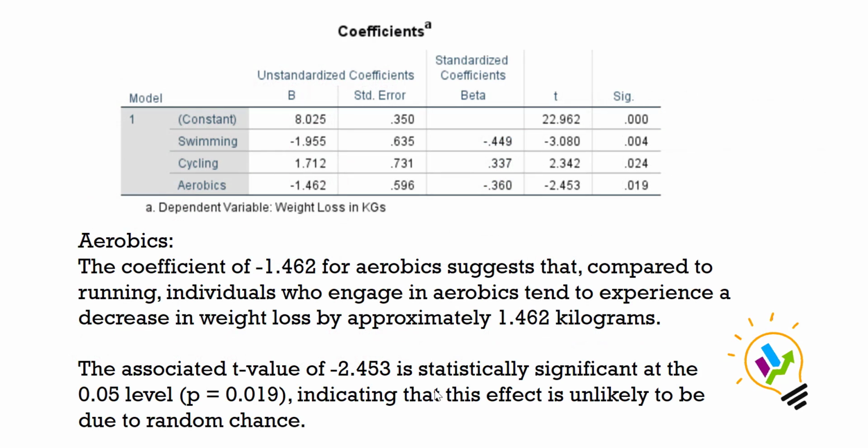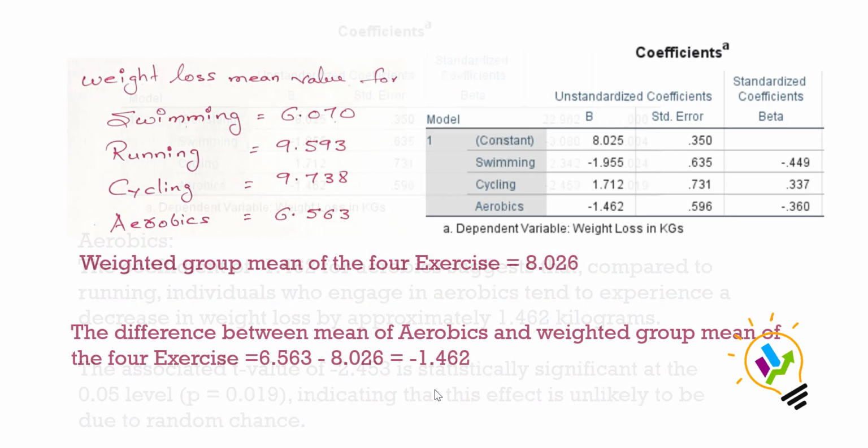Now next we are going to see aerobics. The coefficient of minus 1.462 for aerobics suggests that compared to running, individuals who engage in aerobics tend to experience a decrease in weight loss by approximately 1.462 kilograms. A person who is doing aerobics has weight loss less by 1.462 kilograms compared to running. How did we get this coefficient value?